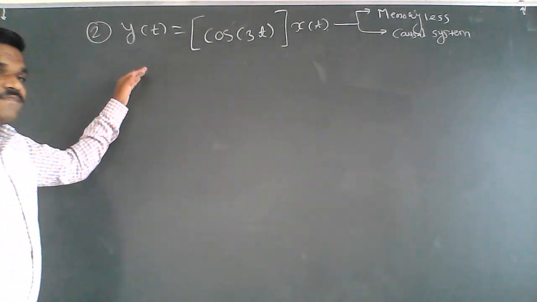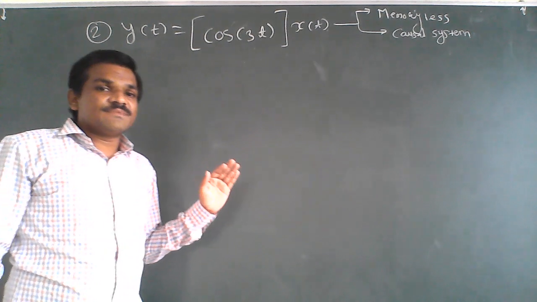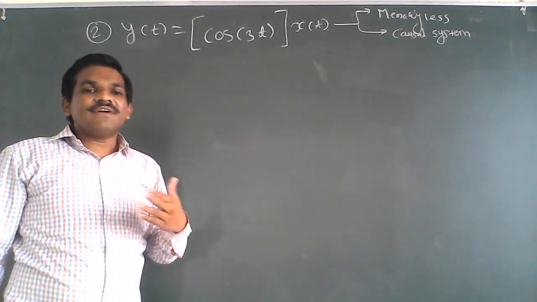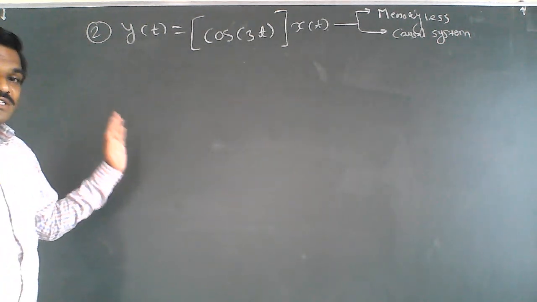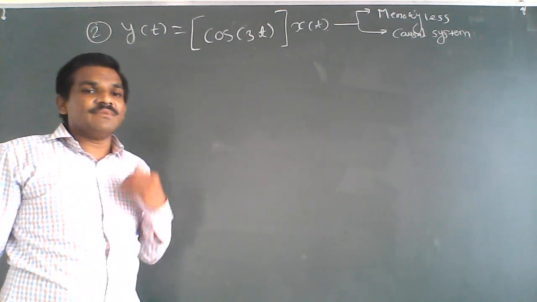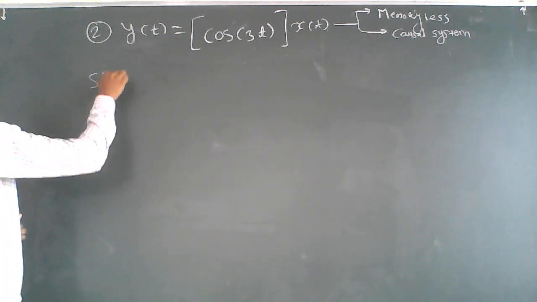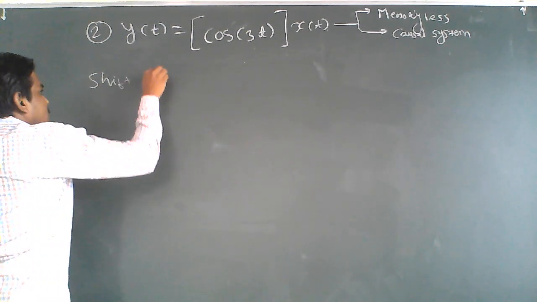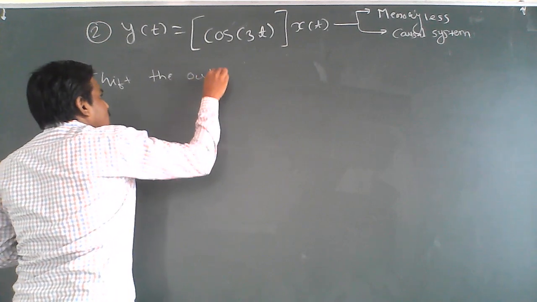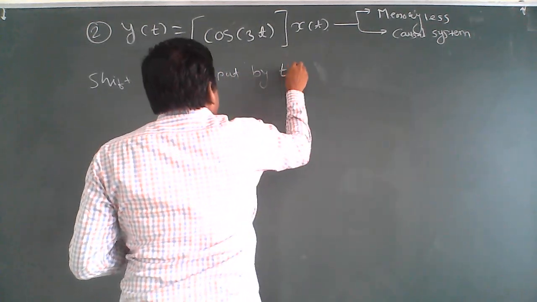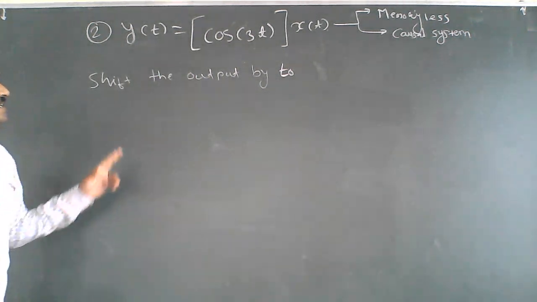If both the expressions are the same, then we call the system time invariant. If both the expressions are not the same, then we call that system time variant. So first we will shift the output by T0.